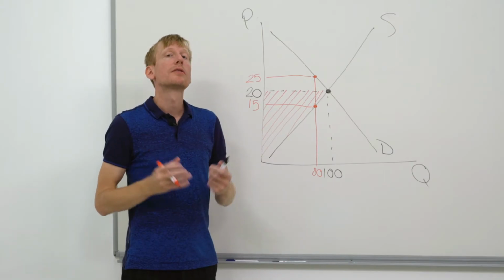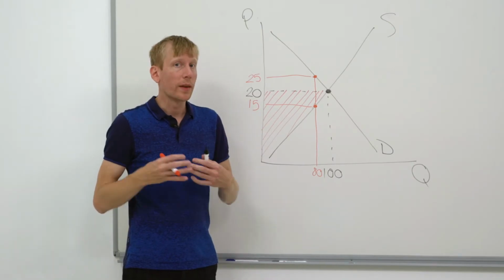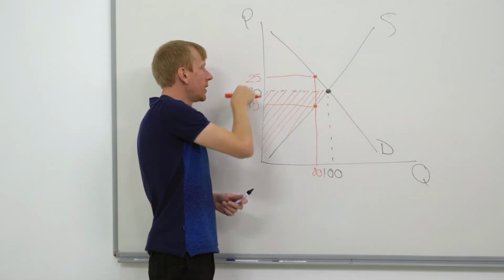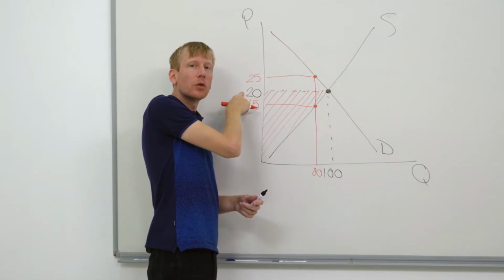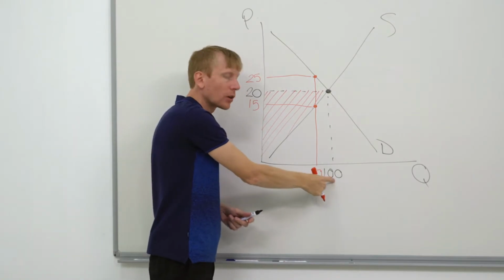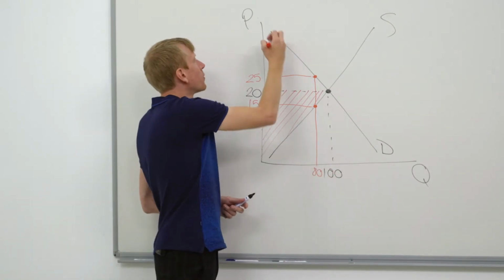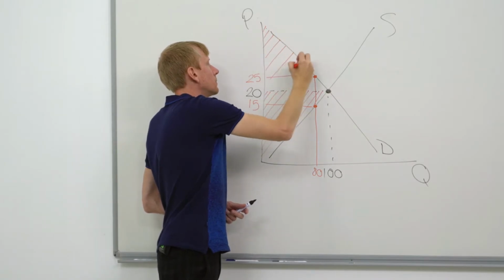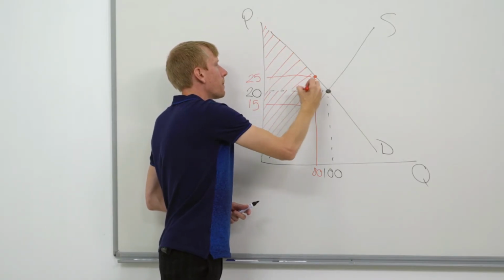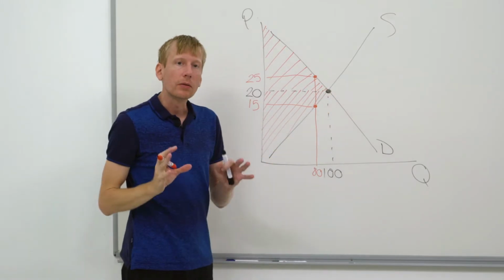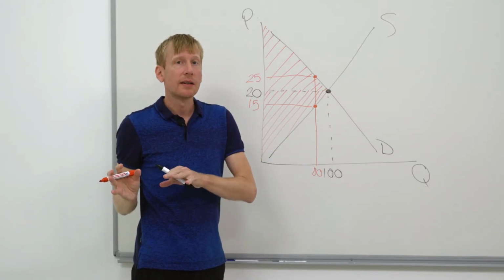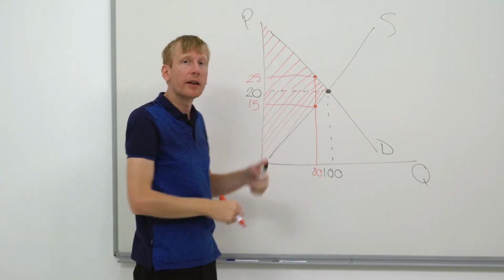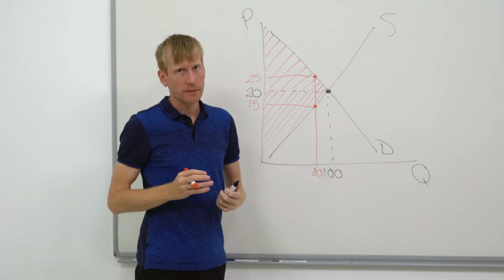Now, our consumer surplus without a tax would have been the area under the demand curve and above the original price of 20, all the way out to the original quantity that was bought and sold of 100. It's this whole triangle here. And of course, without the tax, consumer surplus and producer surplus combined, this whole shaded area is total surplus.